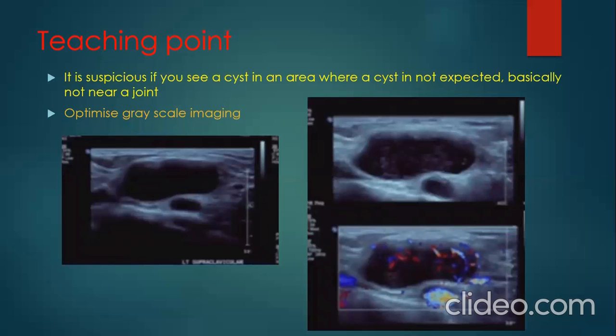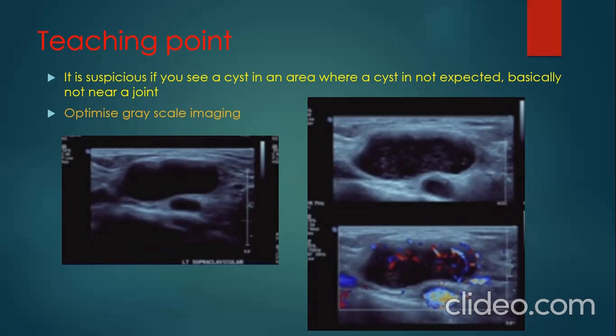But we have a teaching point when we're dealing with cysts. Whenever you encounter a cyst in an area where you are not expecting to see a cyst, you need to be suspicious. The three images shown in this slide are the same image. You will notice that on the first image, you actually think that we are dealing with a lesion which is anechoic.